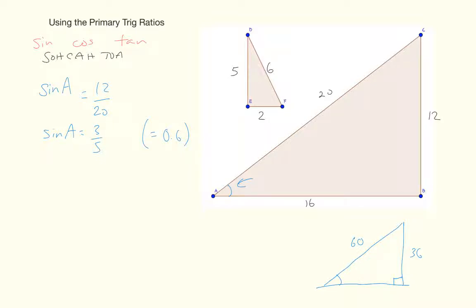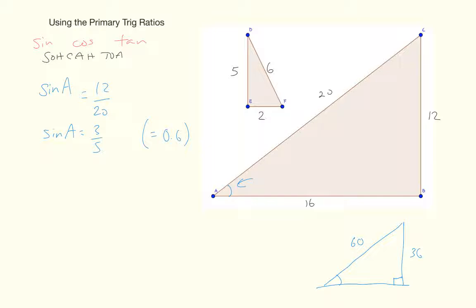No matter how gigantic the triangle is, no matter how small it is, this angle will determine that the opposite side will be 60% of the hypotenuse, or 3/5 as big as the hypotenuse, right? Or just saying that the ratio of the opposite to the hypotenuse will always be 3 to 5. There's a bunch of different ways of saying the exact same thing.